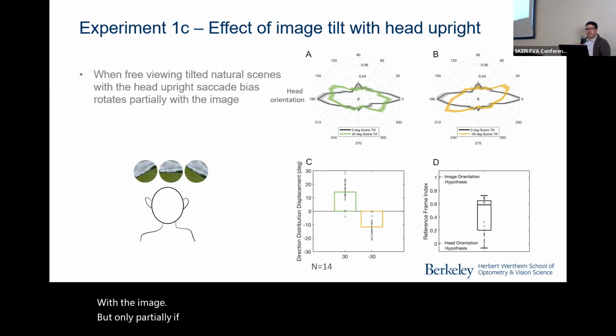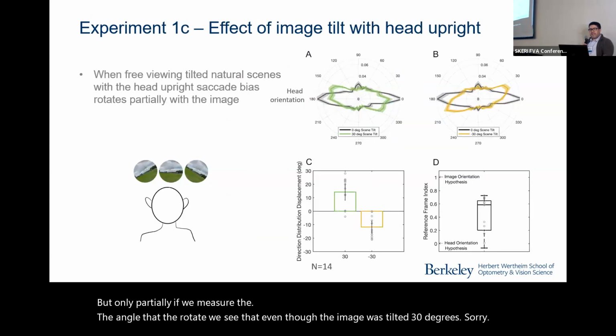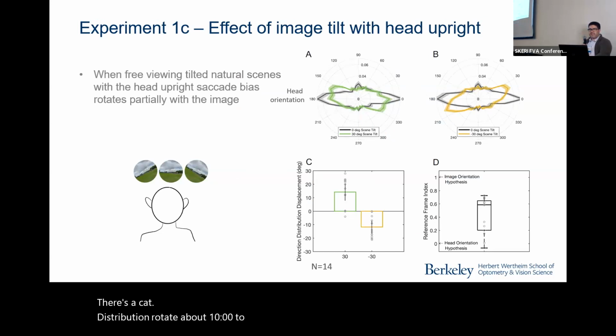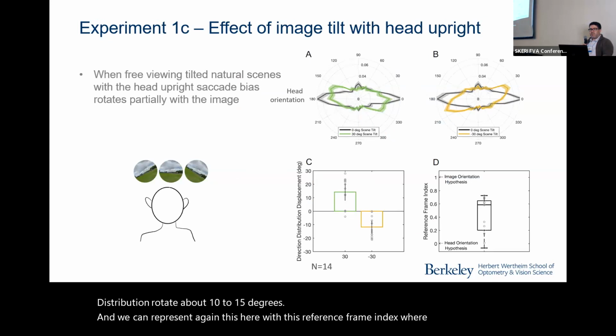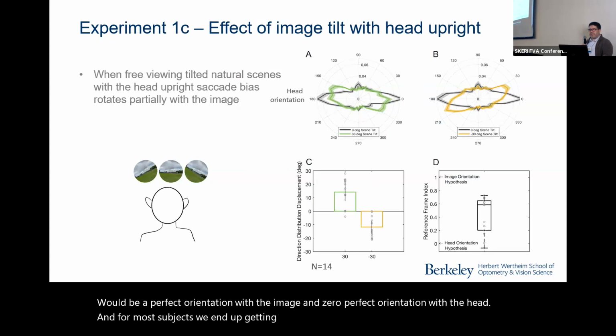If we measure the angle that the saccades rotate, we see that even though the image was tilted 30 degrees, the saccade distribution rotates about 10 to 15 degrees. And we can represent again this here with this reference frame index, where 1 would be a perfect orientation with the image and 0 perfect orientation with the head. And for most subjects, we end up getting somewhere in between.